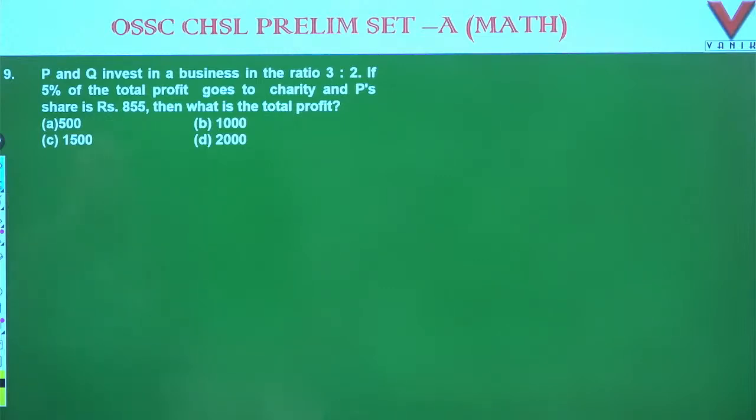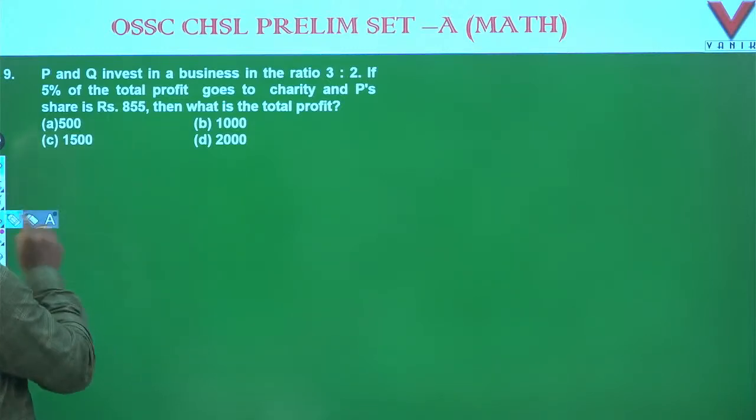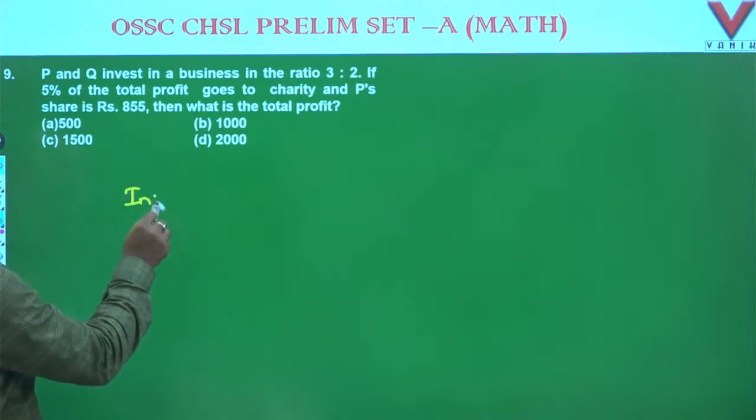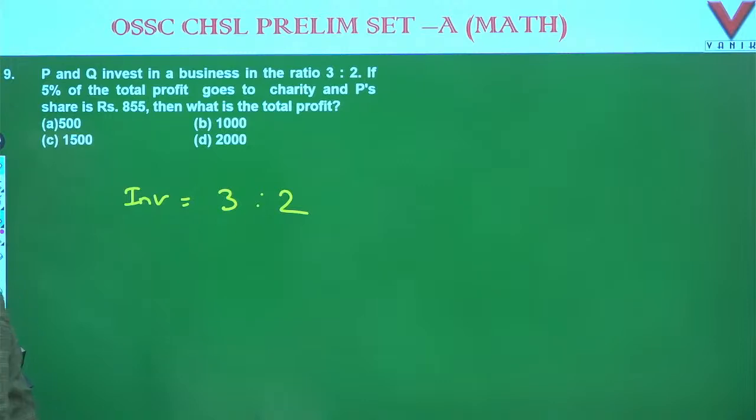If 5% of the total profit goes to charity, the investment ratio is given as 3:2. P's share is 855. Then what is the total profit?